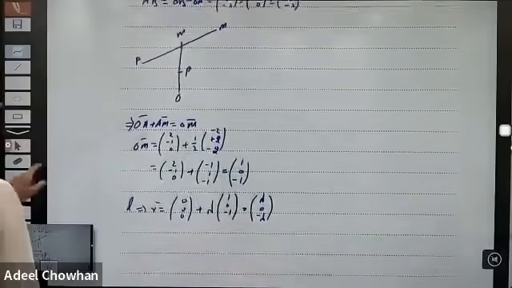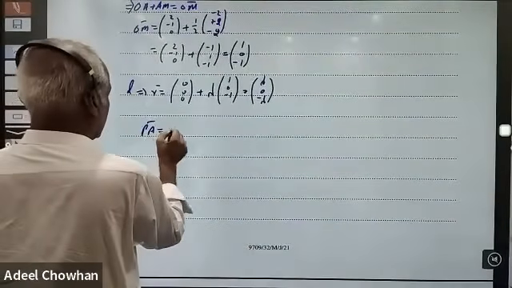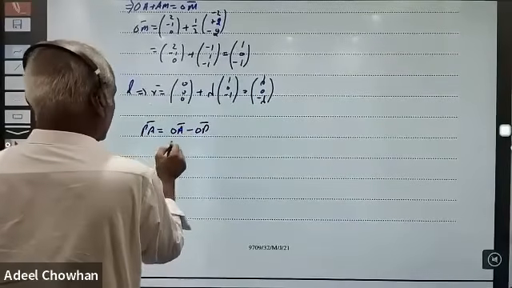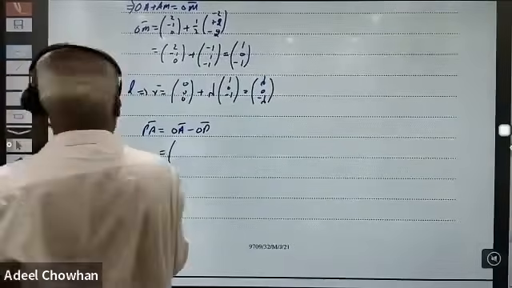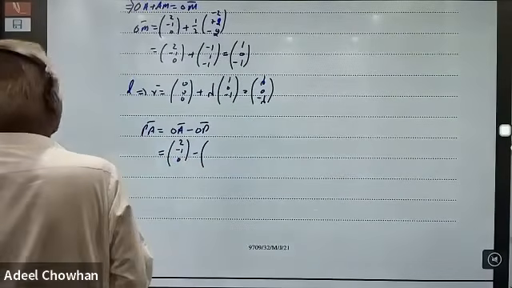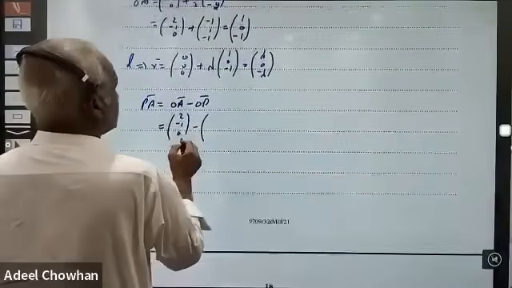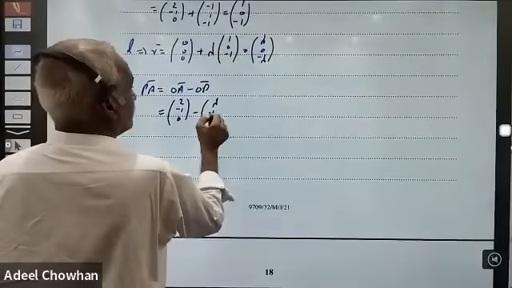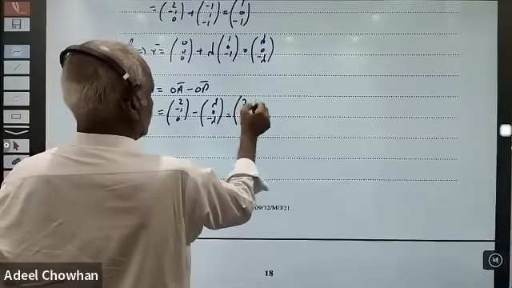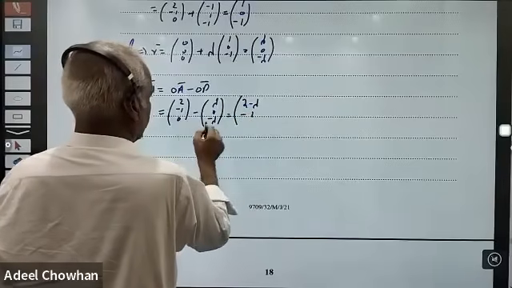PA is basically equal to OA minus OP. OA is (2, -1, 0) minus OP, which is (lambda, 0, -lambda). So it should be equal to (2 minus lambda, -1, lambda).